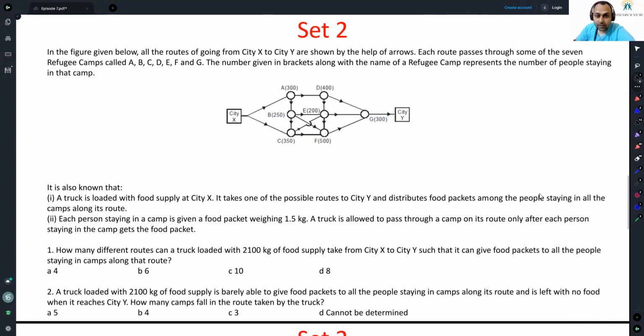Let me do this. In how many ways can you come to A? One way. In how many ways can you come to B? One way. In how many ways can you come to C? Two ways. How many ways can you come to D?